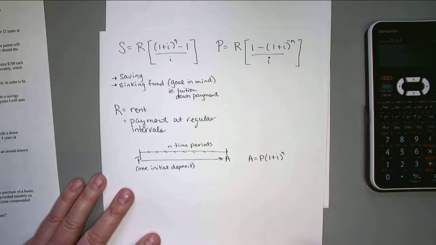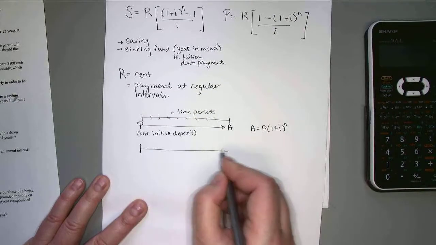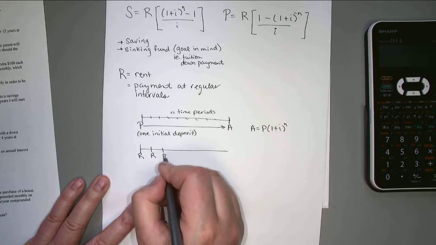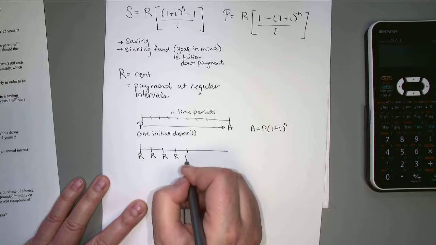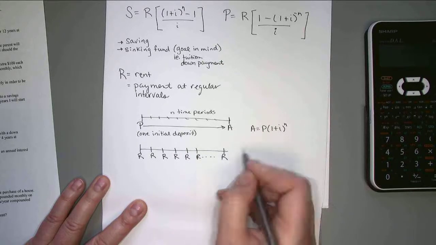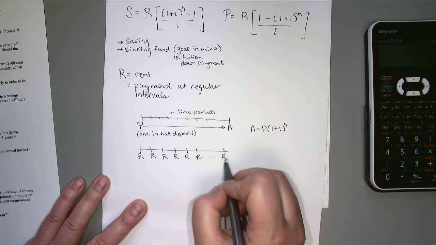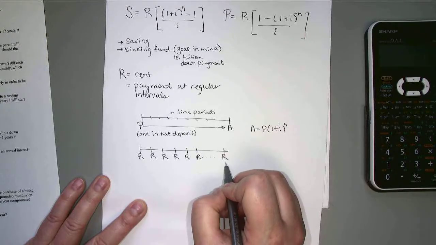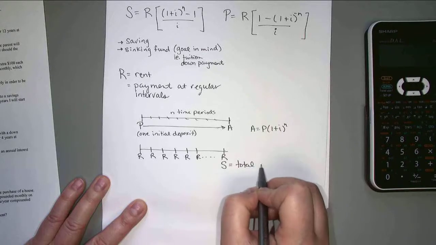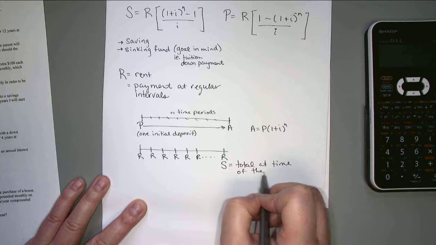Okay, now what we're doing here is we put in an amount R, and we do that regularly, say every month, every year, whatever the time period is. So we keep doing that, and then at the end, at the time of the last payment actually, we get the total at the time of the last payment.